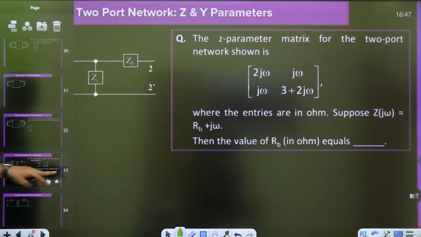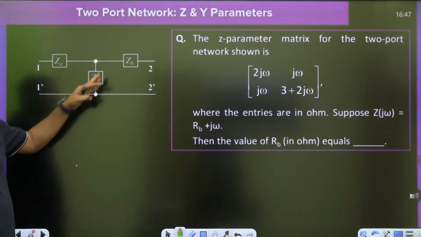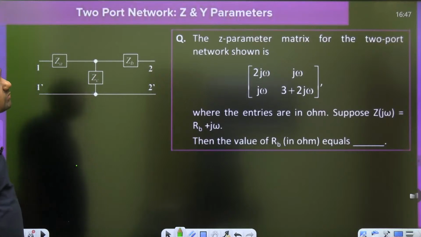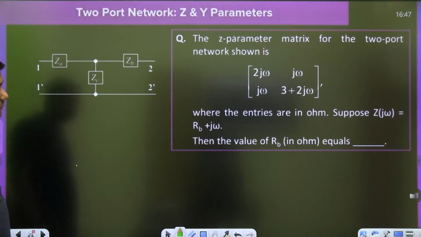And that is ZA, ZB, ZC is given. The Z parameters for the network are shown in the figure where the entries are in ohm. Suppose this is, then the value of RB. Value of RB, right? RB plus where the entries are in ohm. So tell me, what will it be?